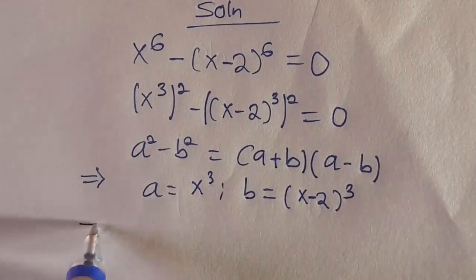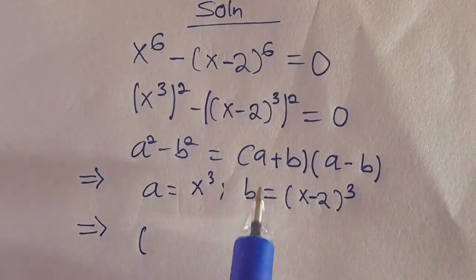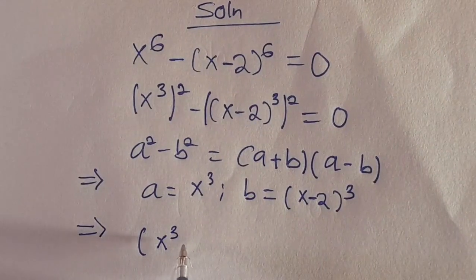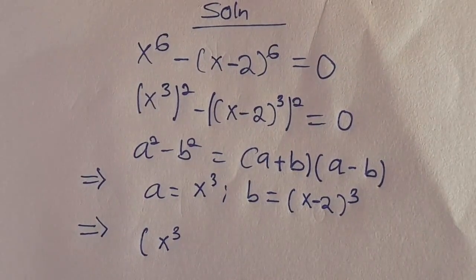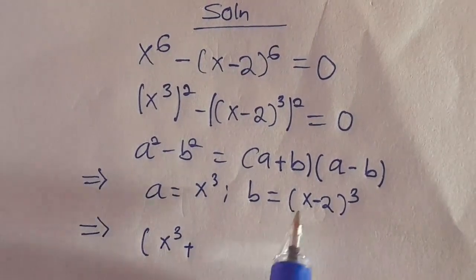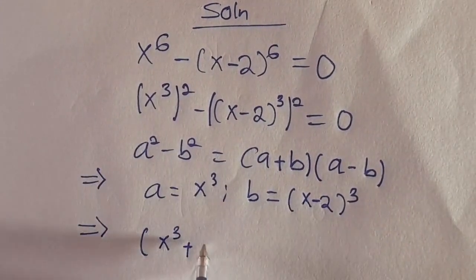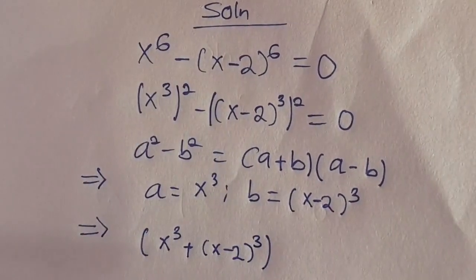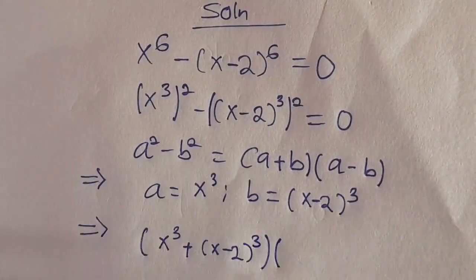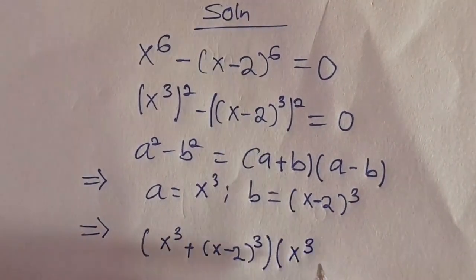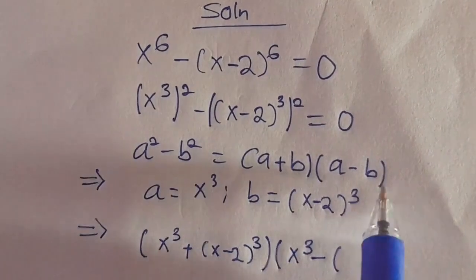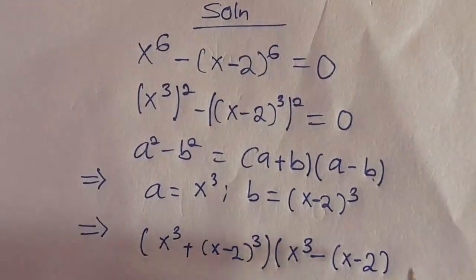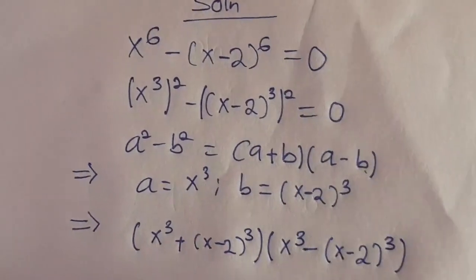So therefore, when you substitute the value of our a, we have x cube, plus b, which equals (x minus 2) all raised to the power 3. Then again multiply by our a, x cube, minus b, which equals (x minus 2) all raised to the power 3.